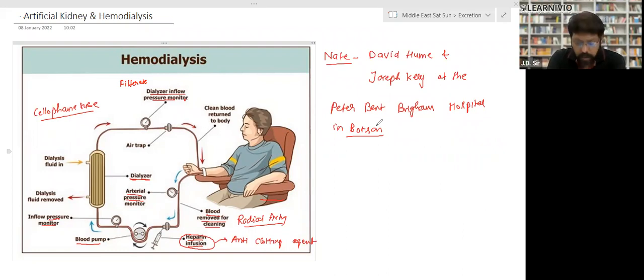It is used where the kidney is partially or totally not working, full stop.